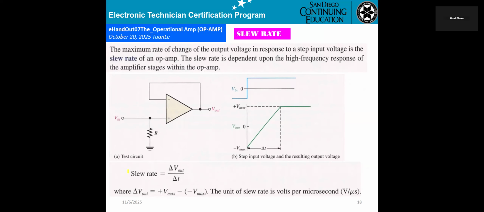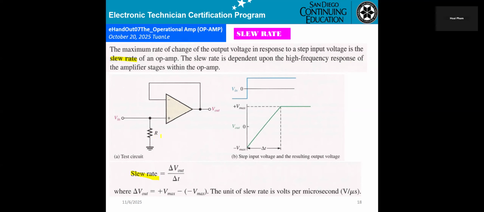Okay, let's see. That's what they're talking about: slew rate. The maximum rate of change of the output voltage in response to a step input voltage is the slew rate. That's just a definition for the slew rate of the op-amp. The slew rate depends upon the high frequency response of the amplifier stage within the op-amp.